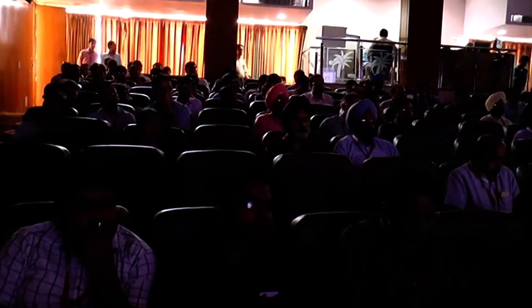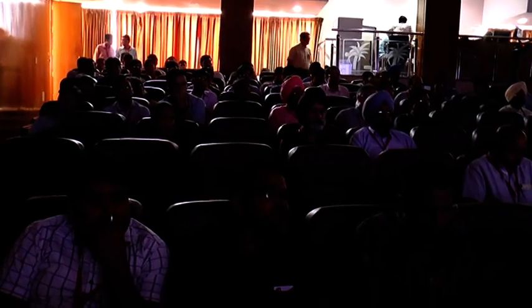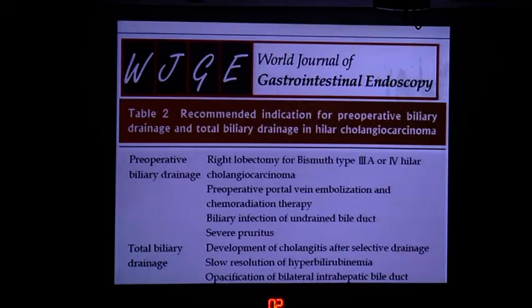Biliary infection or undrained bile or severe cholestasis. And instead of selective, the indication for total biliary drainage is development of cholangitis after selective drainage, slow resolution of hyperbilirubinemia, and opacification of the bile duct. So you should think about that.